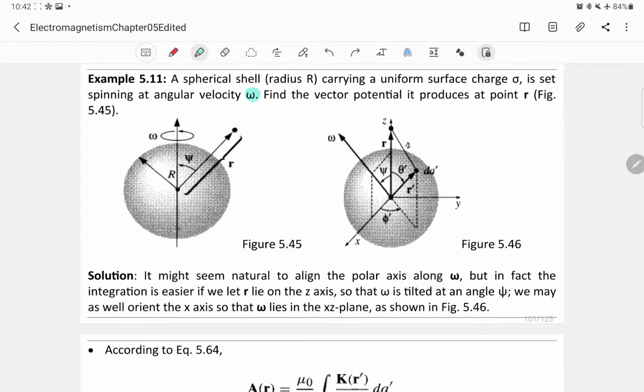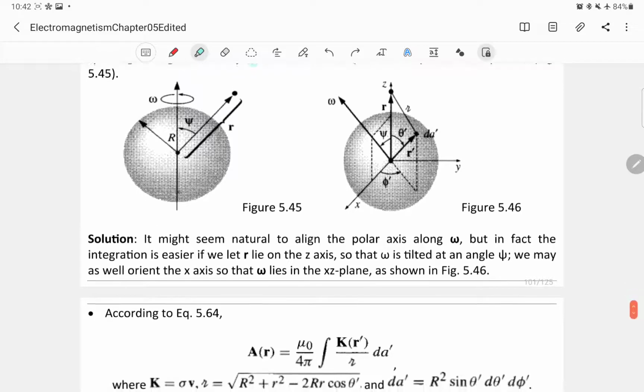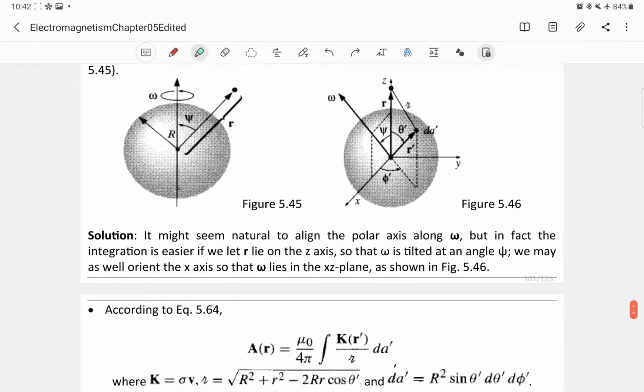So suppose that our point lies in the z-axis and that point is r from the center. The point could be inside as well, not just outside, but in general it's anywhere, but we just put the point on the z-axis.